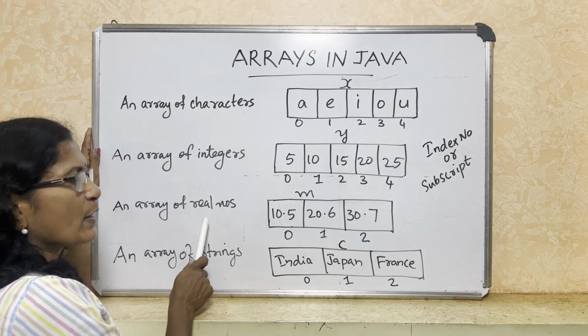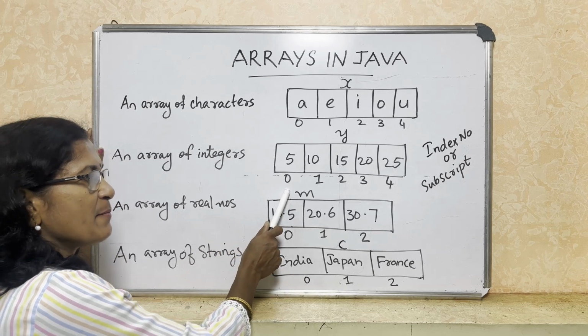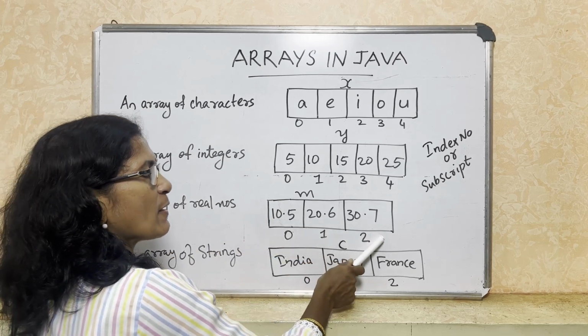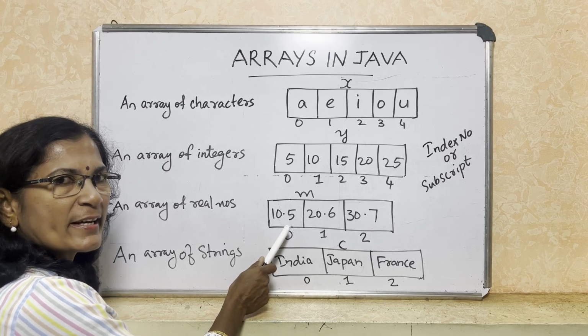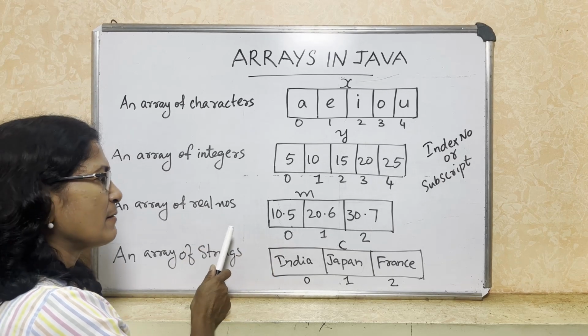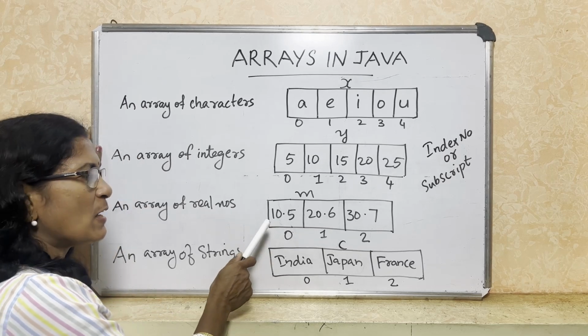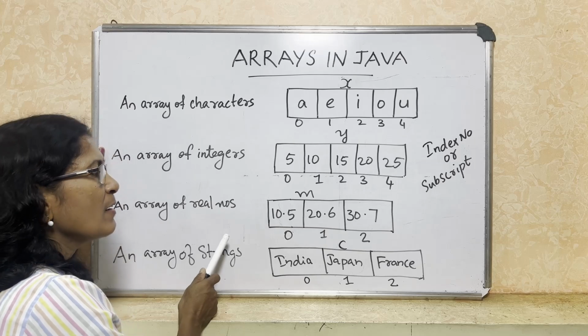Next one is an array of real numbers, that is floating point values. Array's name is M. It has 3 floating point storage locations. Each storage location is of 4 bytes and is able to hold a floating point value.